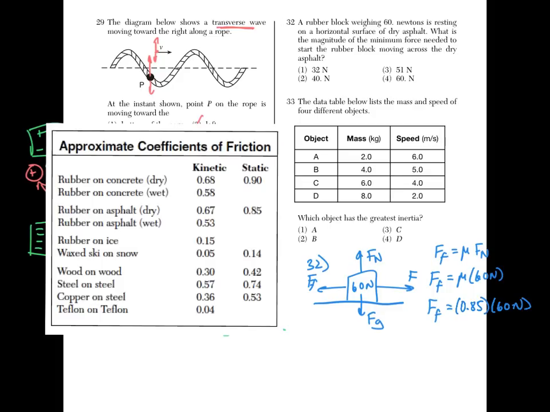So it's basically taking 85% of 60, and that is 51 newtons. Choice 3. And number 33, which object has the greatest inertia? Inertia is related to mass and mass alone. So choice D has the greatest mass and therefore the greatest inertia.